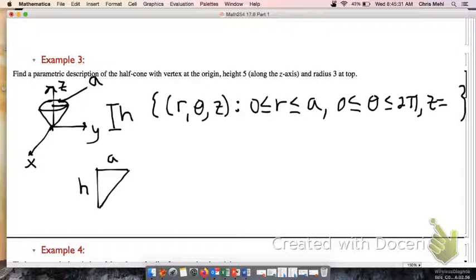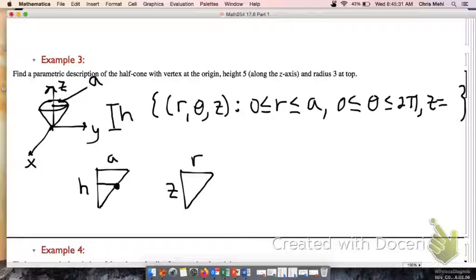If you pick an arbitrary point, you're going to look at a smaller triangle inside of that triangle. So let me draw a picture of that smaller triangle. That has arbitrary radius R and height Z.